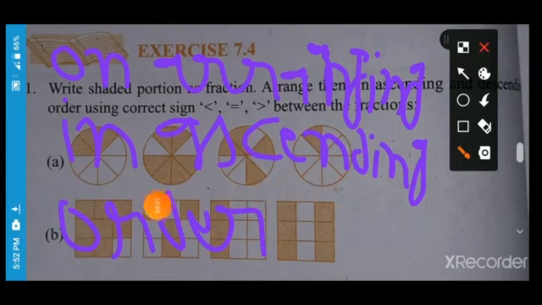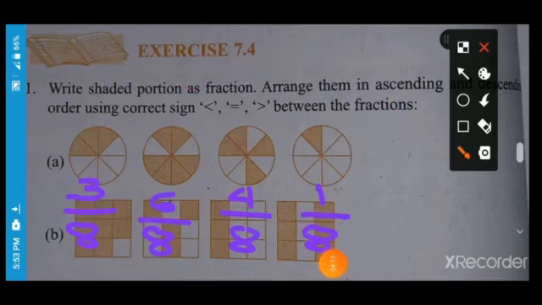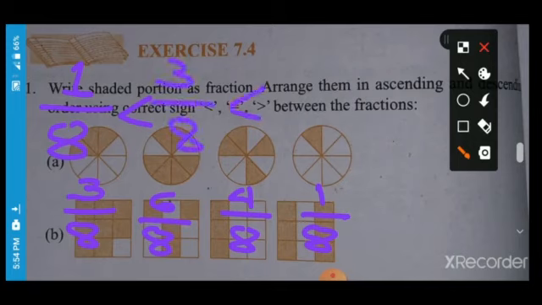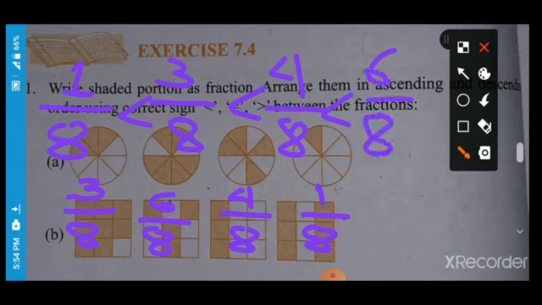So first we write the small fraction, then the greater, then the greatest. So first we write 1 upon 8 less than 3 upon 8 less than 4 upon 8 less than 6 upon 8.